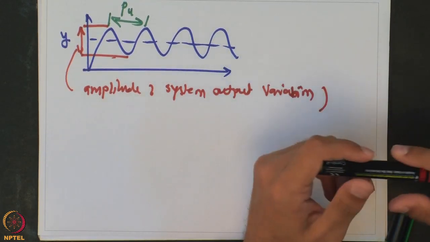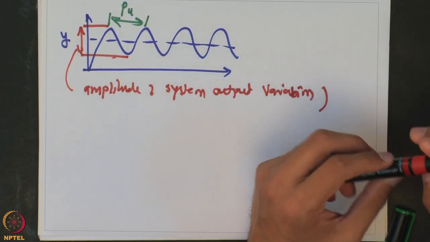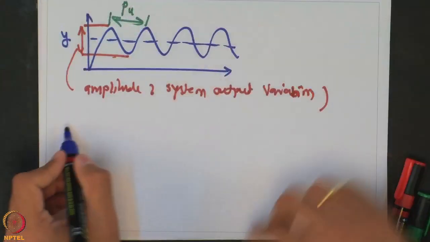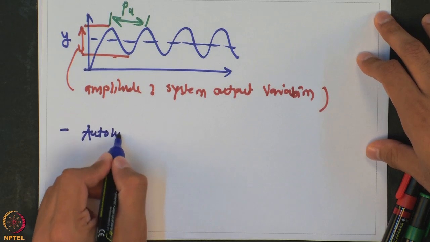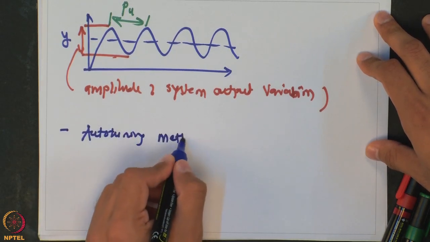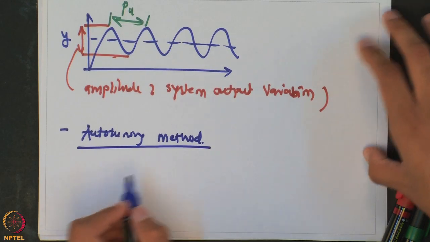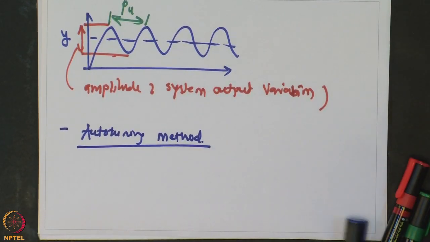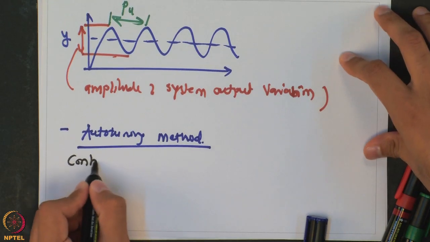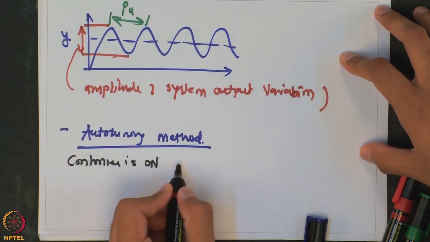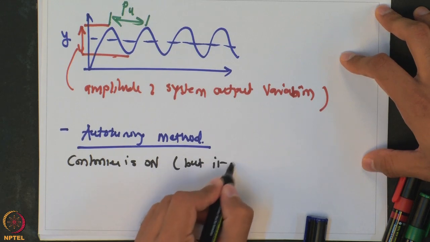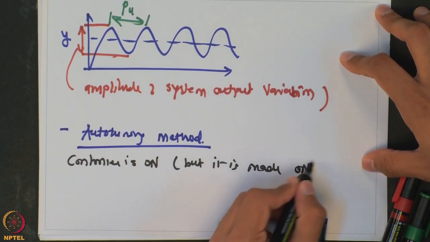So, because of that, when you simply use this P controller based closed loop tuning, you may oscillate the system to a very high magnitude, again something which you may not want to do on a regular basis. So, to alleviate that, there is another method of doing closed loop tuning, that is known as the auto tuning method, which is very popular. So, in the auto tuning method, again the controller is on, but it is made an on off controller.